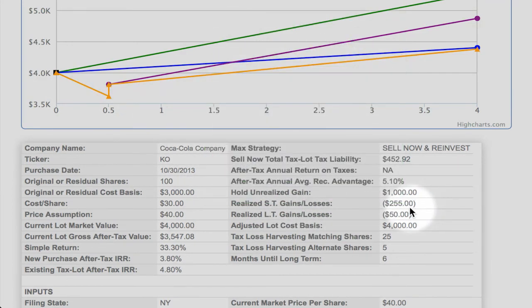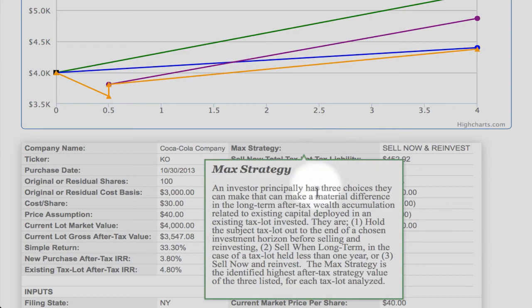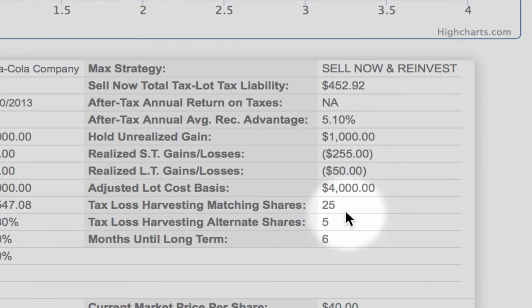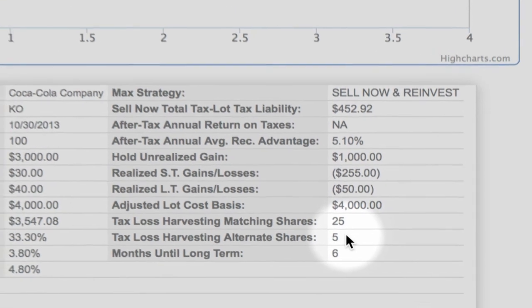The graph results set indicates both how many shares may be sold of a profitable tax lot utilizing either matched or alternate losses available for harvesting as the final trades of the year.